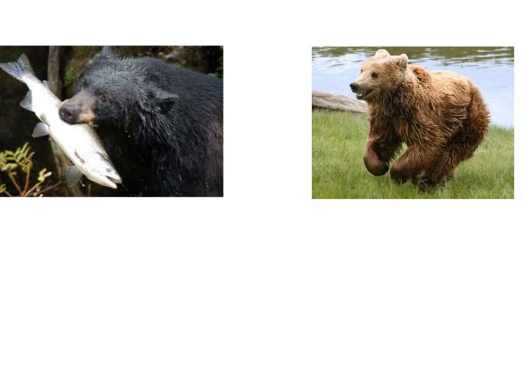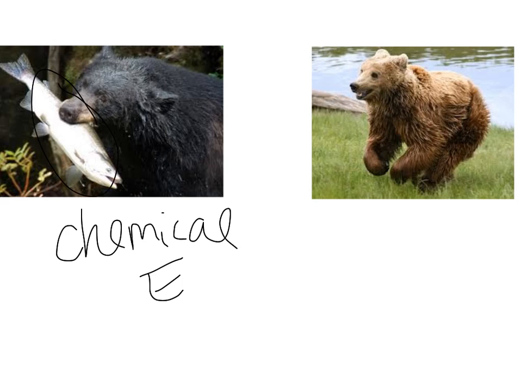Okay, so let's take a look at an example of this open system. Yes, I know that these are two different bears, but just go along with it. So if we're looking at the bear and its interactions with the environment, if you look at the first one, there is definitely a conversion of energy here. From the first one to the second one, the bear is taking this chemical energy that is found in the fish.